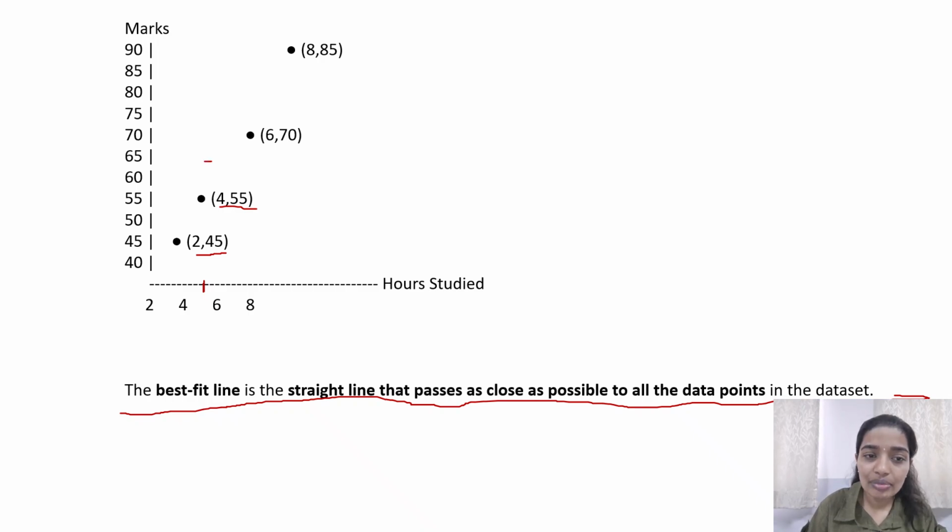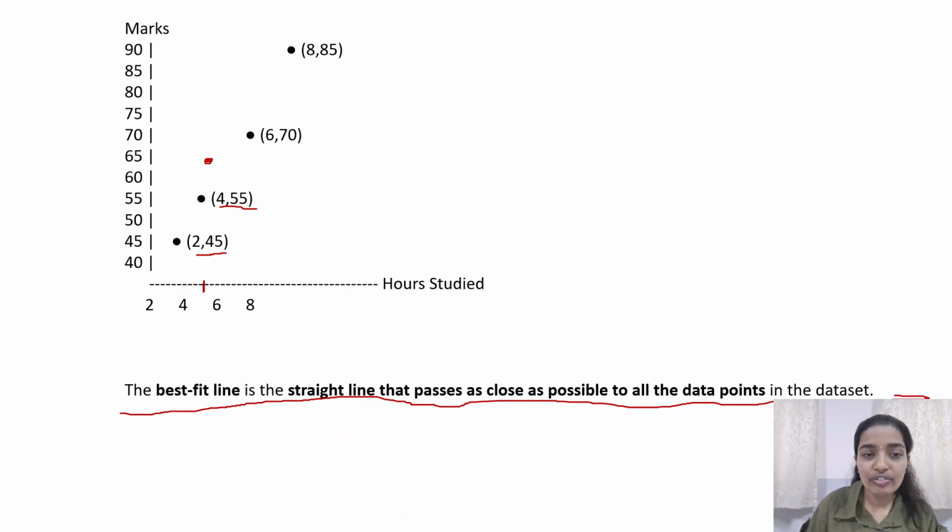Then the aim is to minimize the distance. We will select a point in such a way that the distance between these 2 points and this new value is minimum.